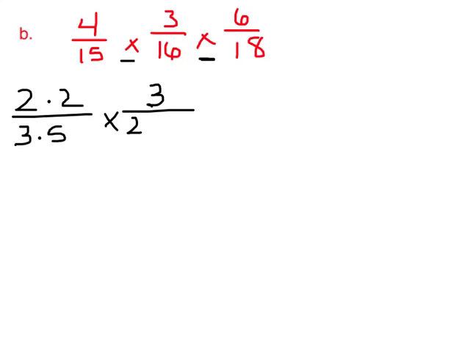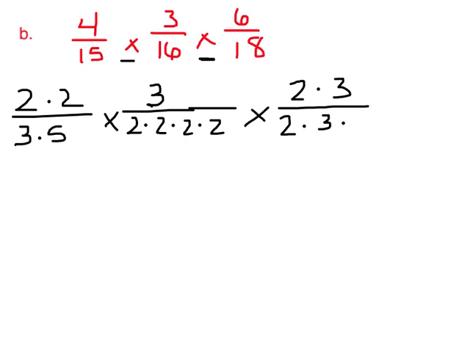So that would be 2, 2, 2, 2. Alright. And then 6 breaks down to 2 times 3. 18 is 6 times 3. 6 is 2 times 3. And then add another 3. So I've got 6 times 3 is 18.